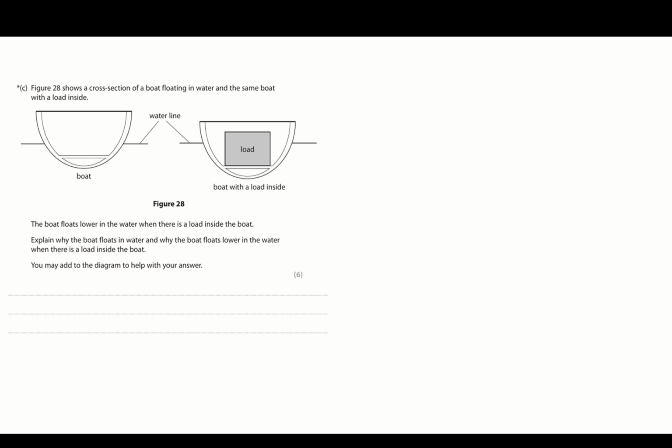Done. And this question's a nice 6 marker, but it wasn't done particularly well when I looked at the examiner's report. So got a cross-section boat floating in water and the same boat with a load inside. The boat floats lower in the water when there's a load inside. Yeah, we can see that. So if we were to look here, we know that this is the volume of water displaced, and we can see there's a greater volume or weight of water displaced.